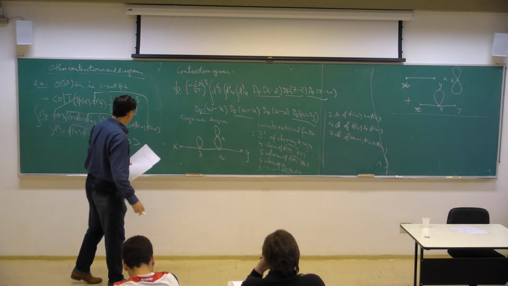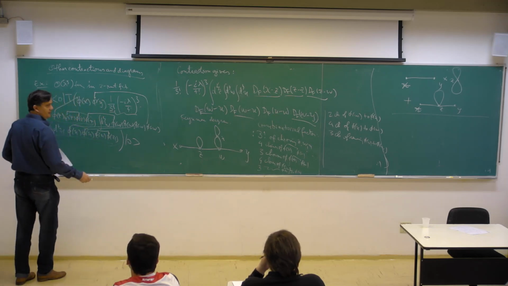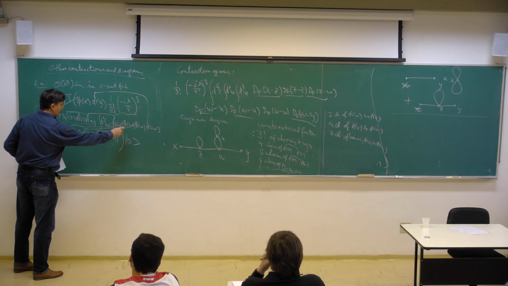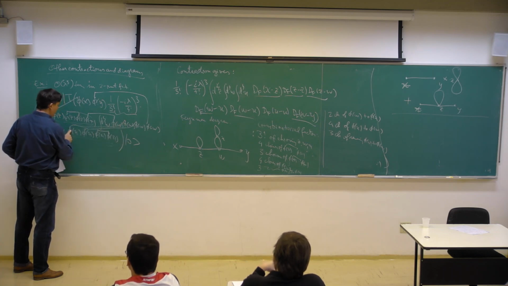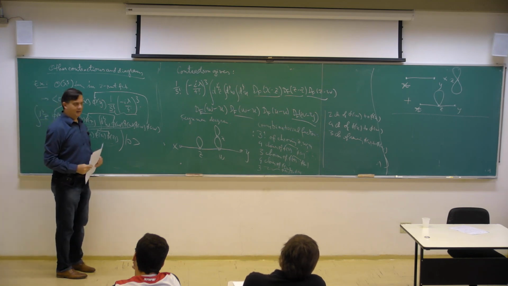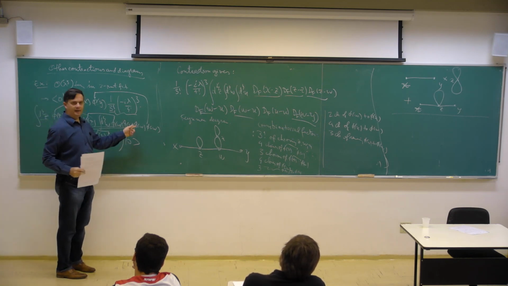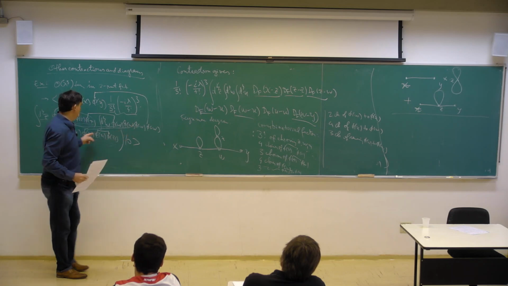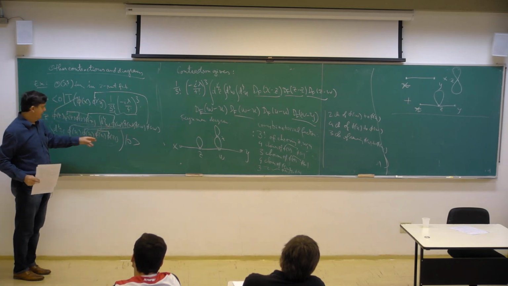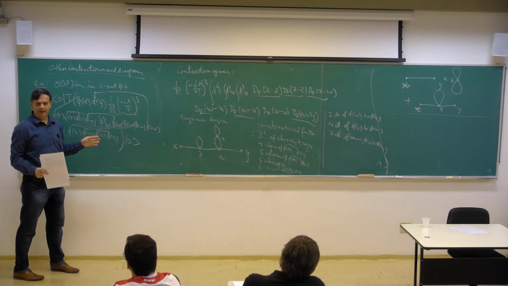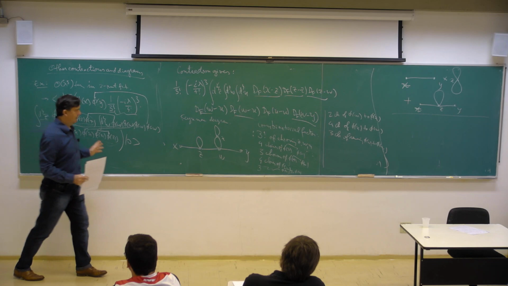However, you note that in this counting, I said one phi of u contracts with phi of w, and then one phi of u contracts with another phi of w. So these 2 things are actually equivalent, right? So I overcounted twice by doing this, because I did this as if these 2 contractions were somehow independent and I can define one and the other, but I can't. They're equal.